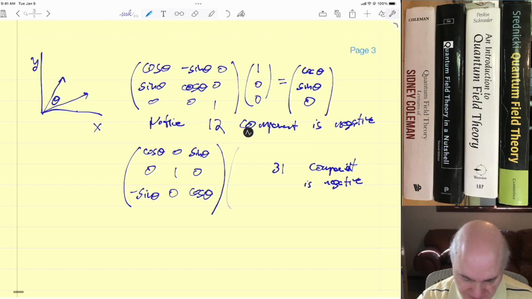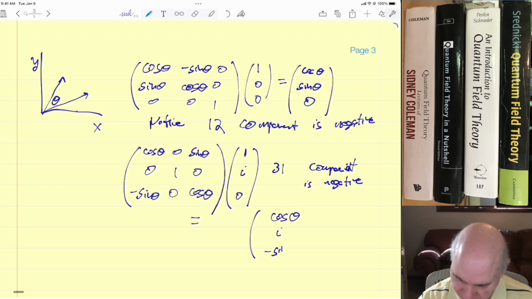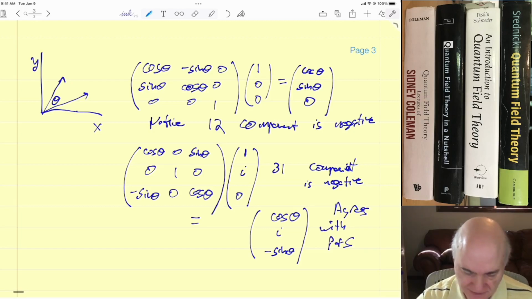And then we multiply this by the polarization vector that we had for the electron. And this is equal to cosine theta, i, minus sine theta. This agrees with Peskin and Schroeder, so we're using the same kind of sign convention.